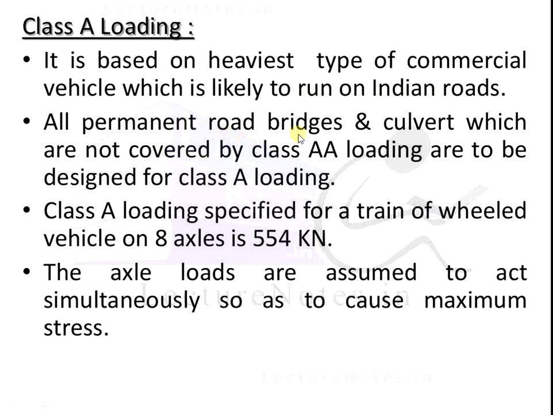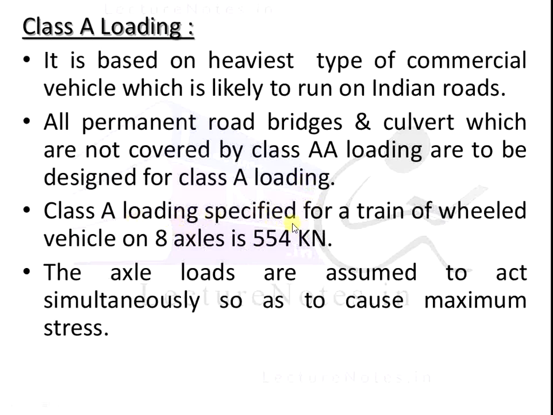All permanent road bridges and culverts which are not covered by Class A loading are to be designed for Class A loading. If the bridge is a permanent structure, and also if the culvert is not covered by Class A loading, at that time you have to design for Class A loading.